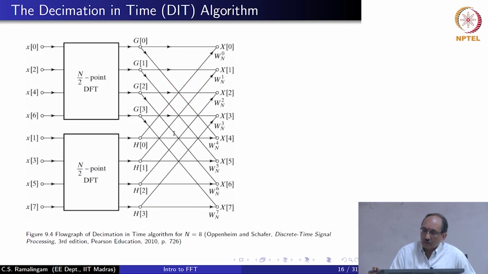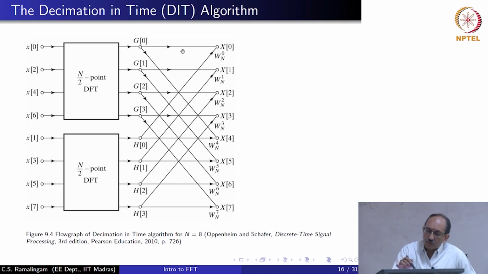alright, and this is what is called the decimation in time algorithm. So this is for an 8-point sequence. So divide this into even indices and odd indices, so 0, 2, 4, 6 and 1, 3, 5, 7, and then combine them.